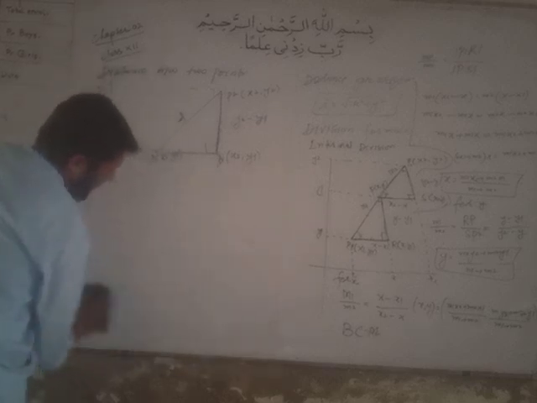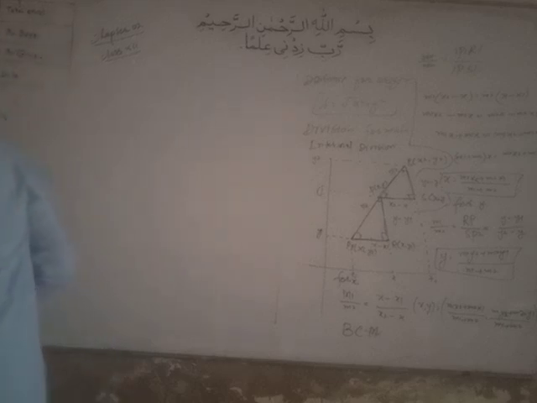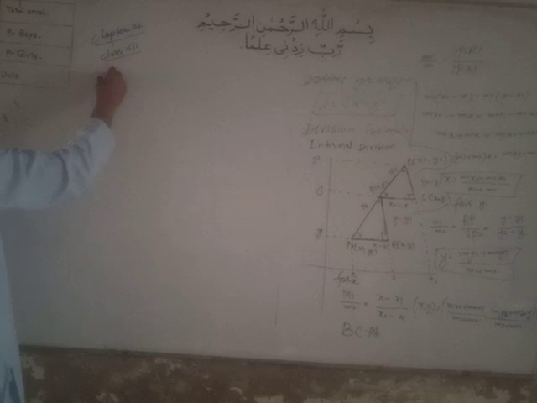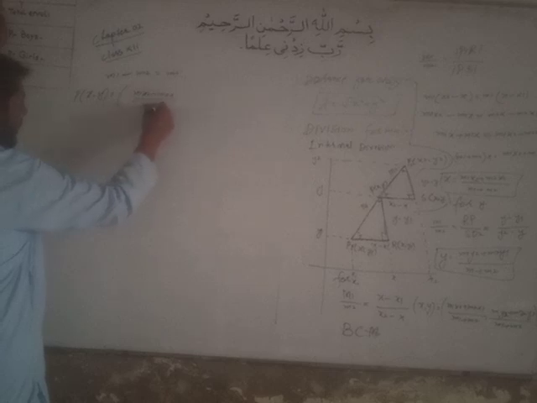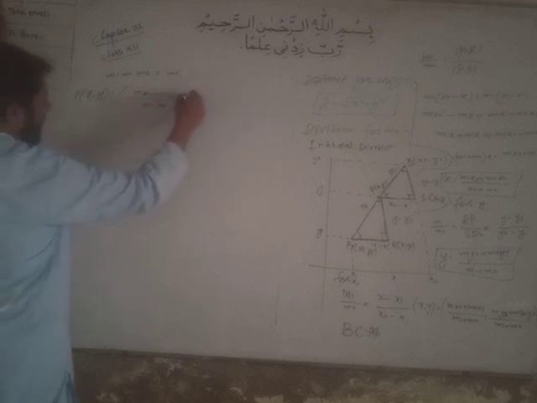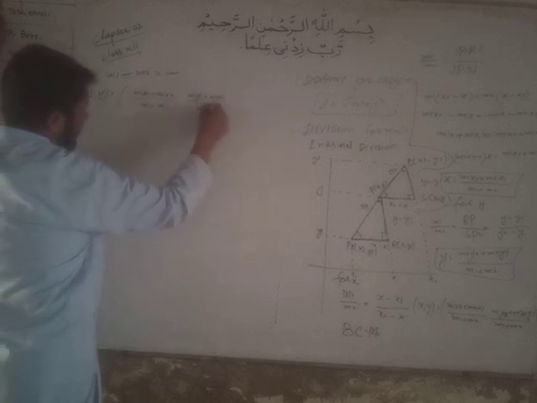So what will be the midpoint formula when the ratios are equal, when m1 is equal to m2 is equal to m? So this will be x comma y is equal to m x1 plus m x2 upon m plus m, and m y1 plus m y2 upon m plus m.